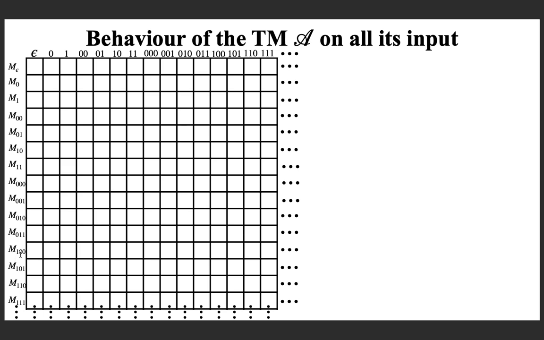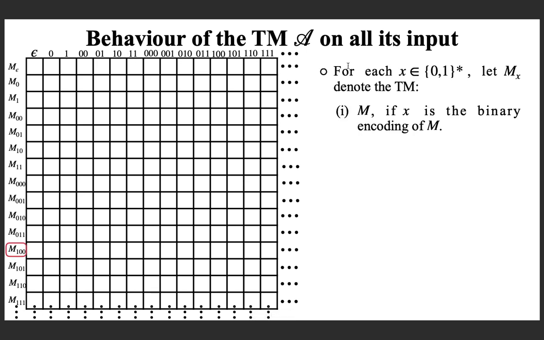Anyway, a row represents a binary string, which is nothing but an encoding of a Turing machine. And what does a column represent? A binary string corresponding to the Turing machine, which is going as an input. Now, for each binary string X, let Mx denote the Turing machine.